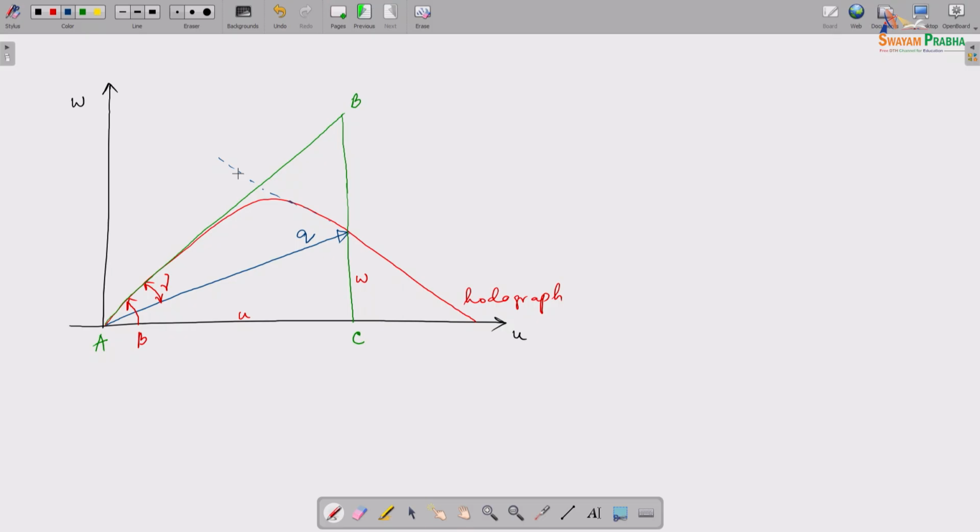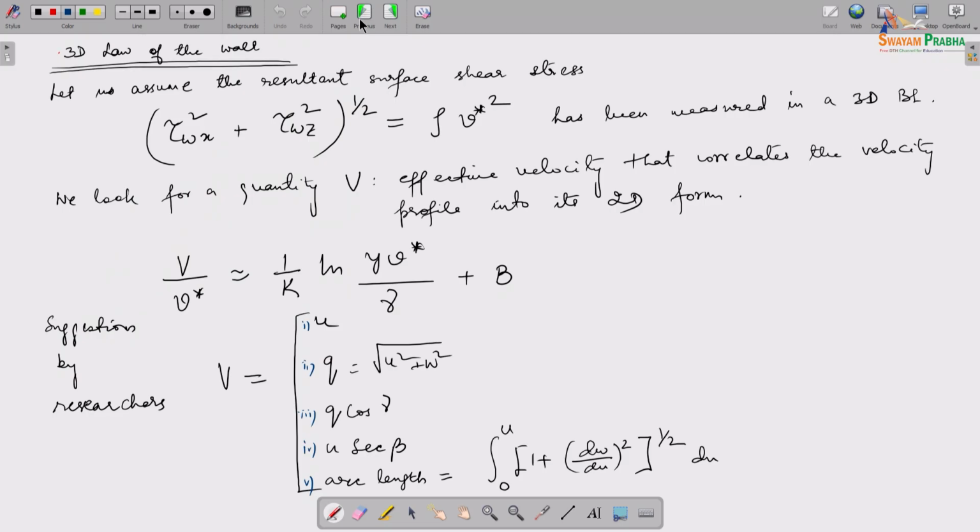Now, this length is actually Q cos gamma. This is my Q and this is going to be Q cos gamma. And then we also have U sec beta.